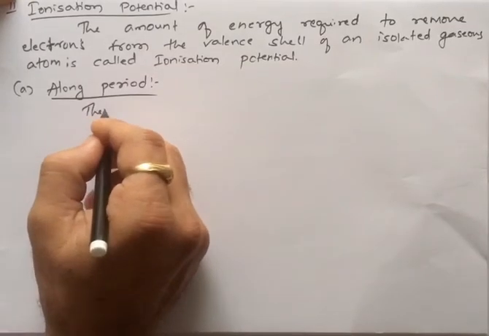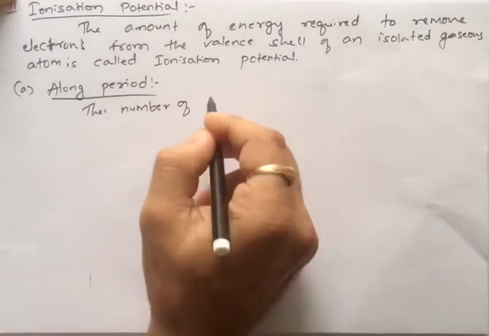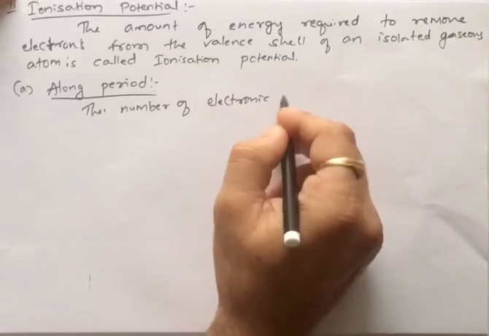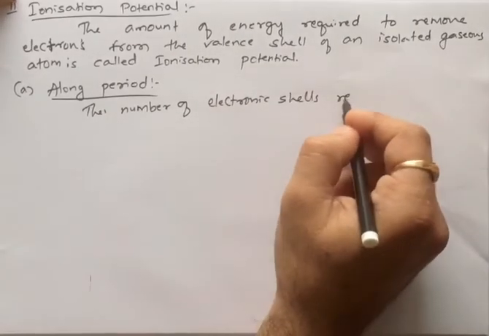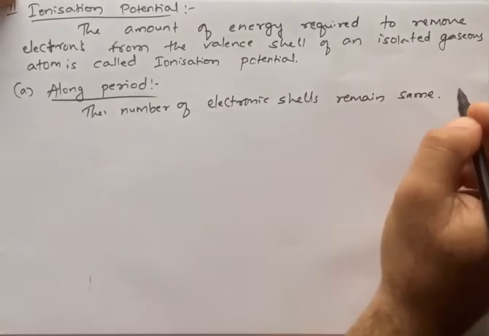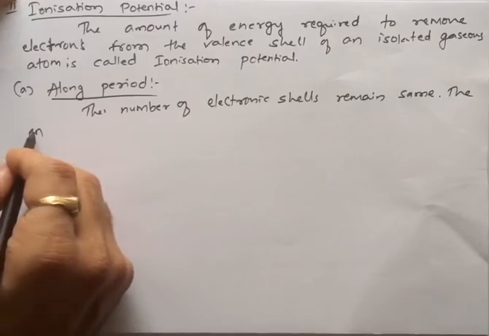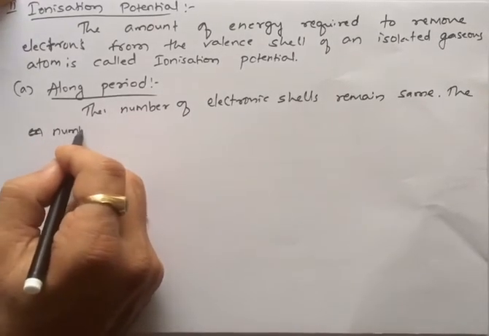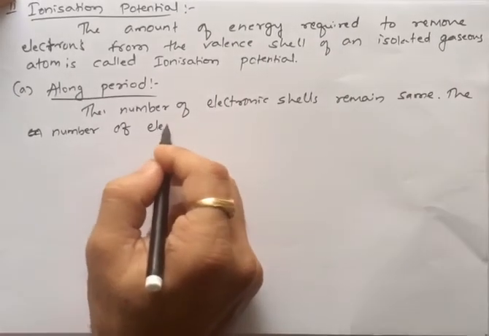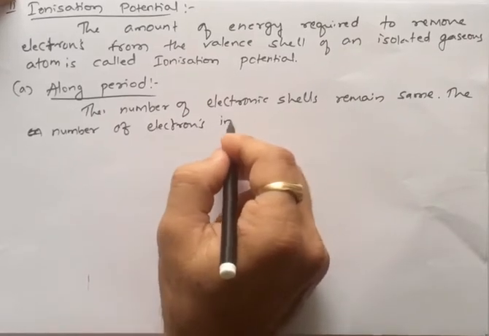The number of electronic shells remains the same, but the number of electrons increases one by one.